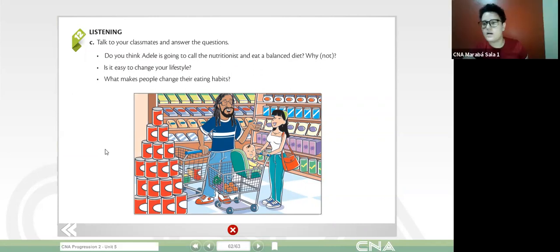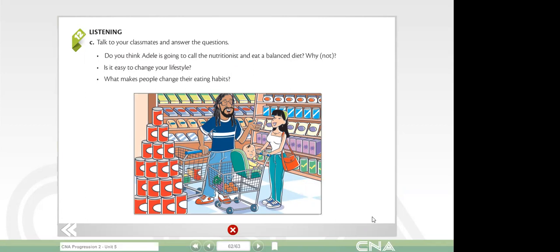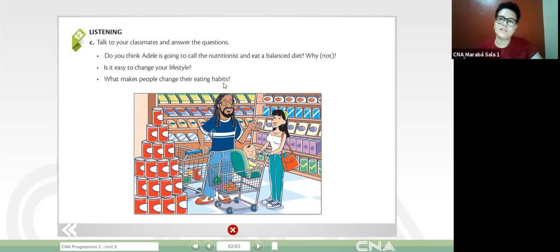Okay. Amanda, what motivates people to change their eating habits? Eating habits is hábitos alimentares. So what motivates people to change their eating habits, to go from having a poor eating habit to a good eating habit?